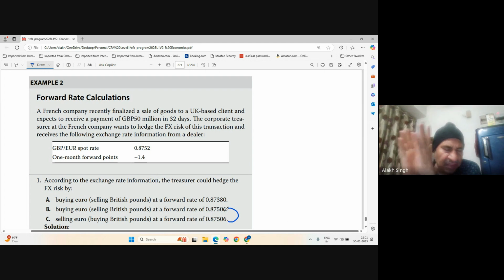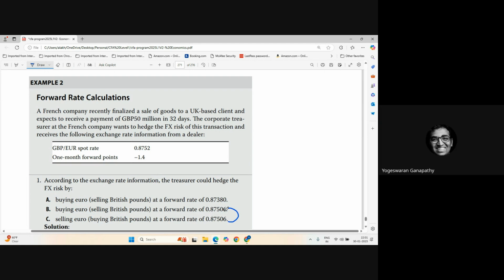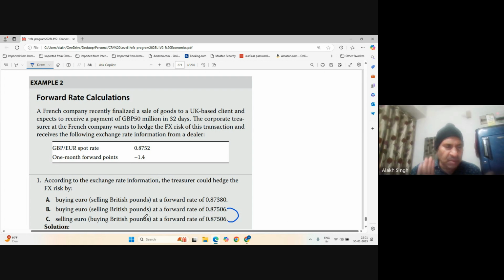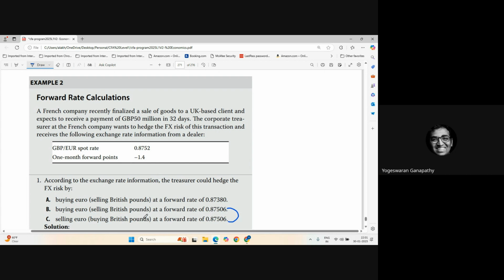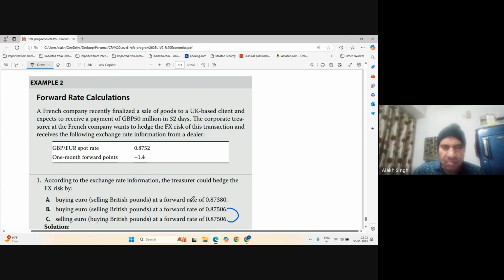Buying the euro forward, the forward rate would be the 1 month forward points divided by 10,000 and then added to the spot rate. That comes out to 0.87506. So B is the only correct answer.